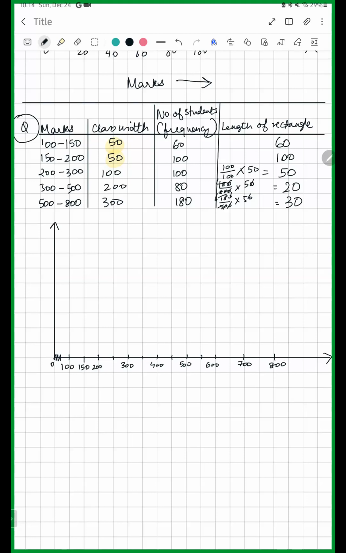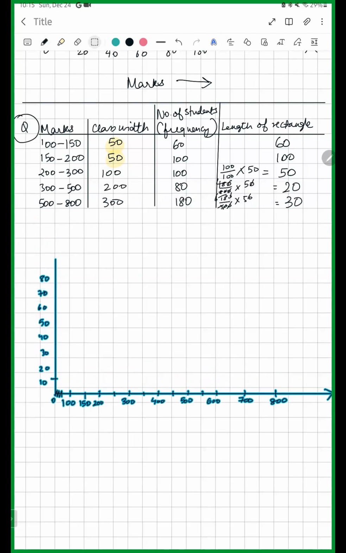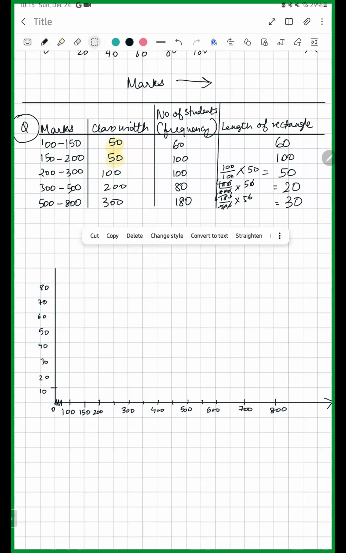All right. First of all, we have to mark the vertical axis: 10, 20, 30, 40, 50, 60, 70, 80, 90, and 100.